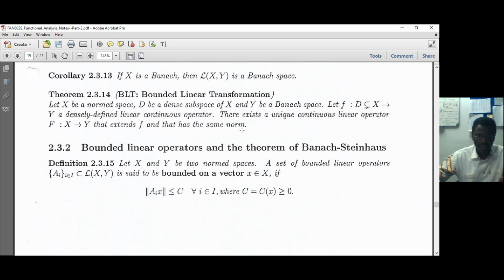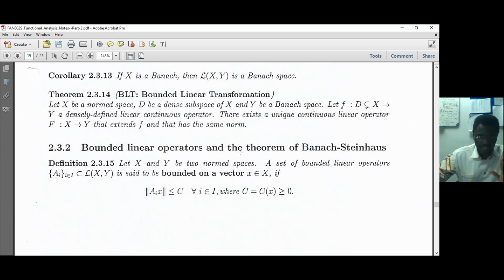Densely defined just means that the domain D of F is dense in X.